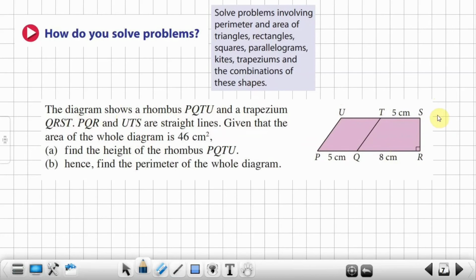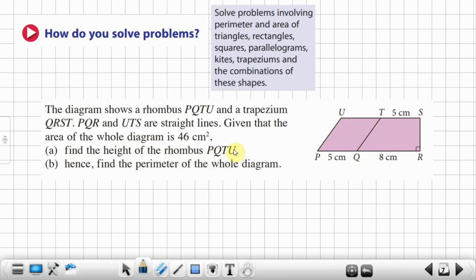PQR and UTS is a straight line. Given the area of the whole diagram is 46, find the height of the rhombus PQTU and hence find the perimeter of the whole diagram.